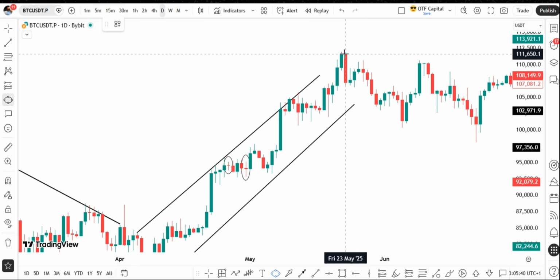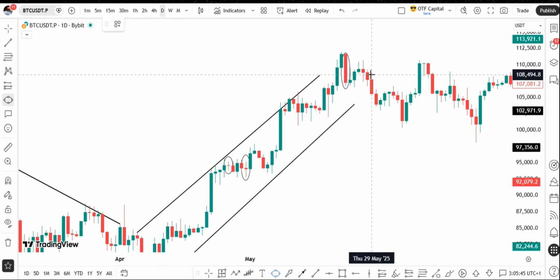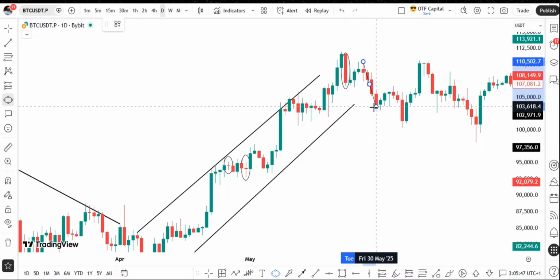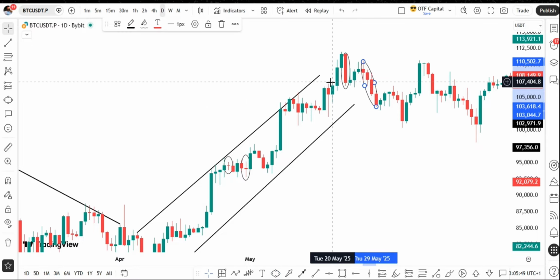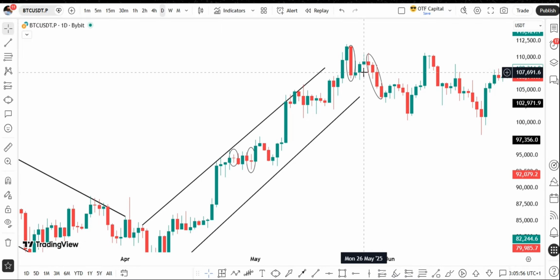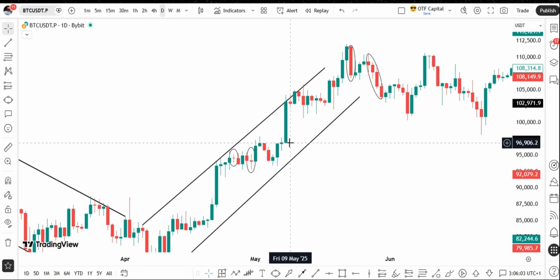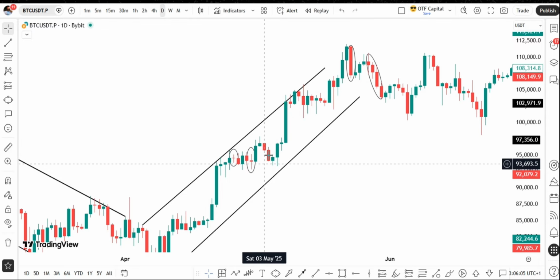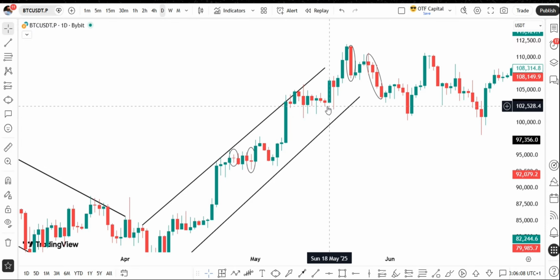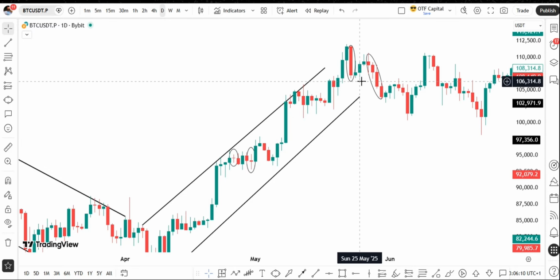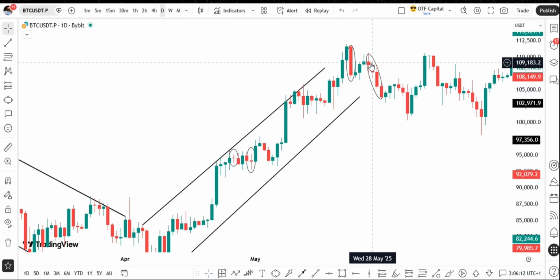We have this large candle formed, followed by consecutive red candles. This should signal to us that we are about to have what? A pullback. This pullback is going to be more significant than this kind of pullback. This is a minor pullback, but this is a major pullback.